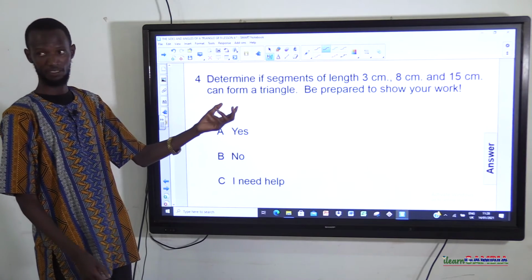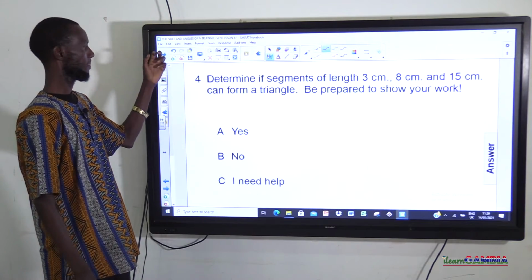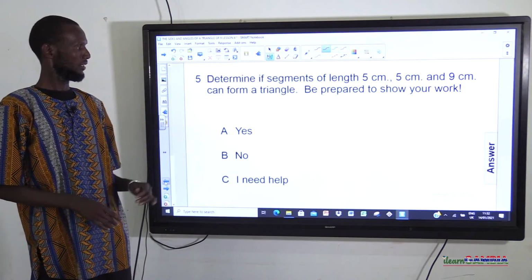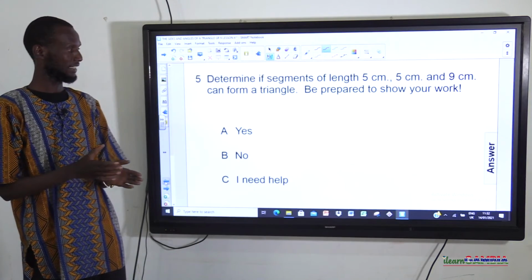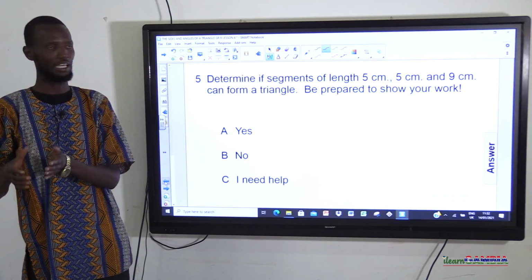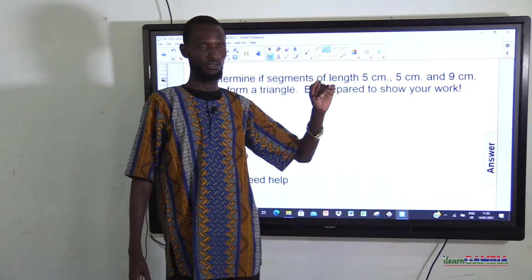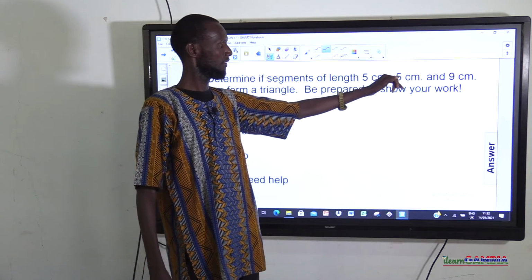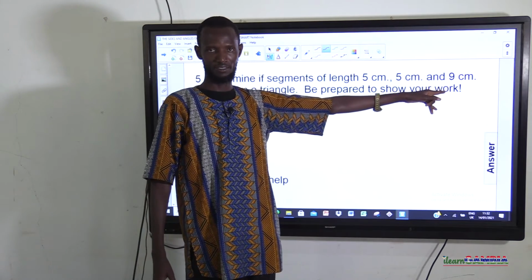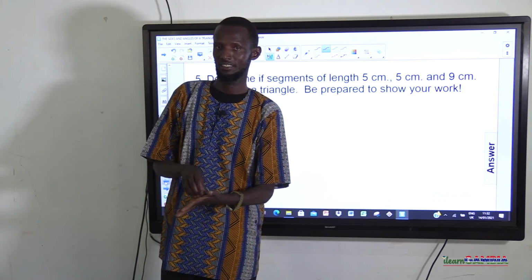I'm going to skip this. I'll let you know the process now. So again, you can quickly go through this and determine whether these three lengths can give you a triangle: 5 centimeters, 5 centimeters, and 9 centimeters. What's the trick?